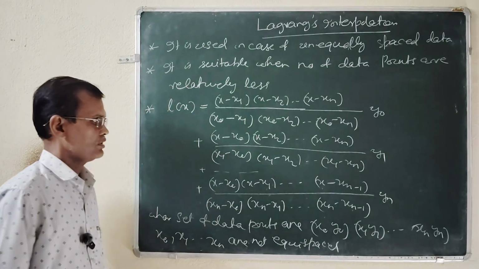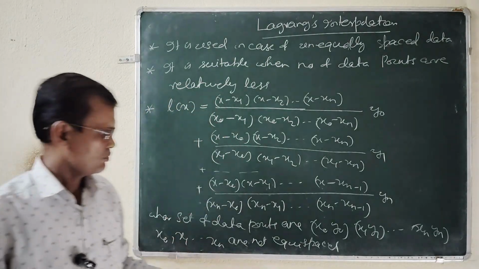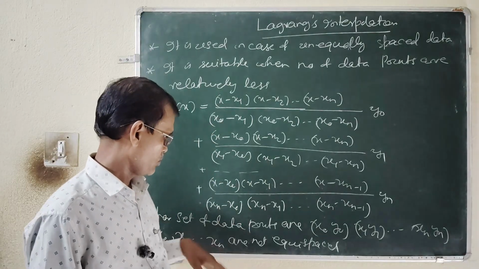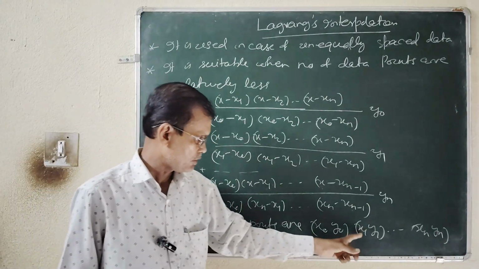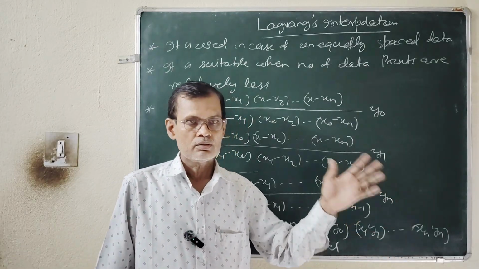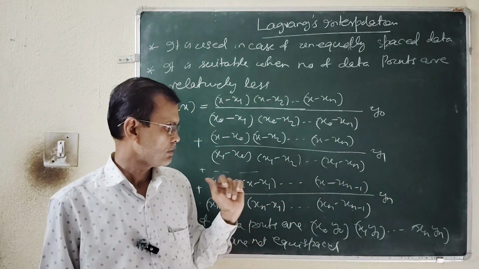This is the formula. Though it looks lengthy, it is very simple and easy to remember. You see, what are the data points? (x0, y0), (x1, y1) up to (xn, yn). These x0, x1 up to xn are the independent variable in the given data.